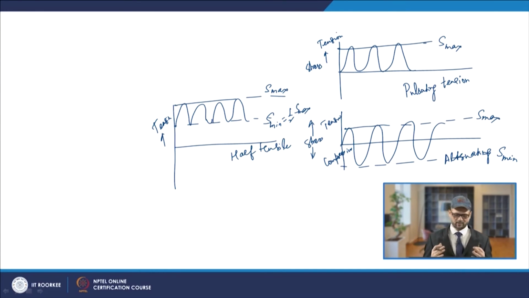So depending upon the different type of cycle, what will be your fatigue life. That is represented by a Goodman diagram. Now if you talk about the fatigue life of the non-ferrous materials.